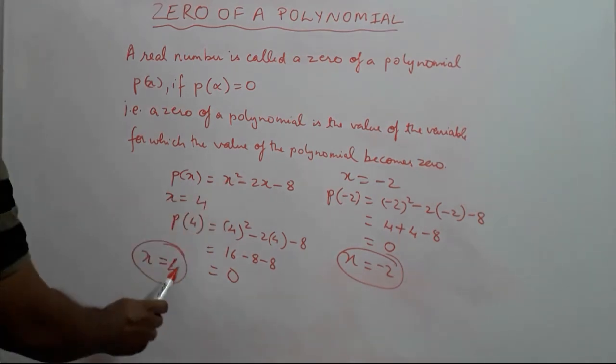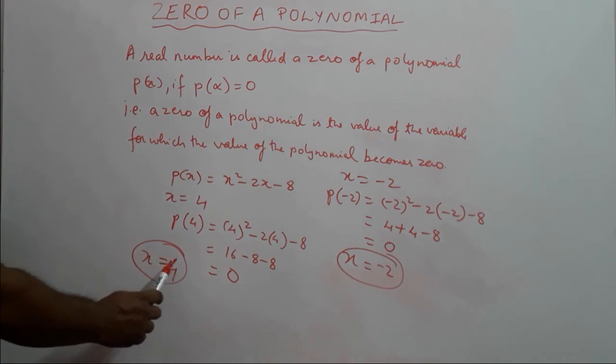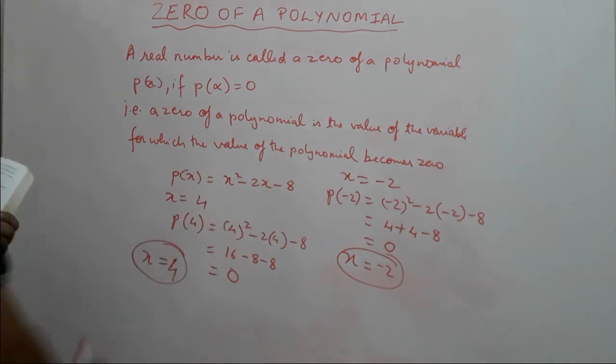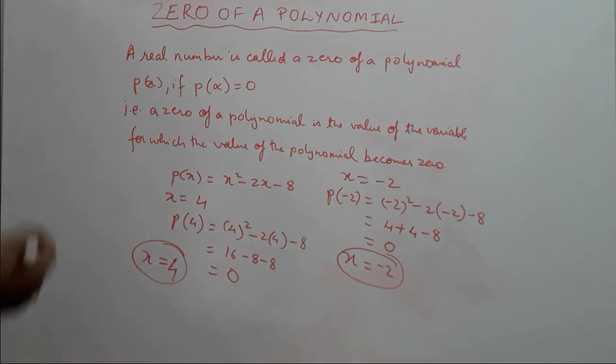Because when you substitute the value of x as this, the polynomial becomes 0. So when the polynomial becomes 0 upon substituting a value of x, then the value that you substituted becomes the zero of that particular polynomial.